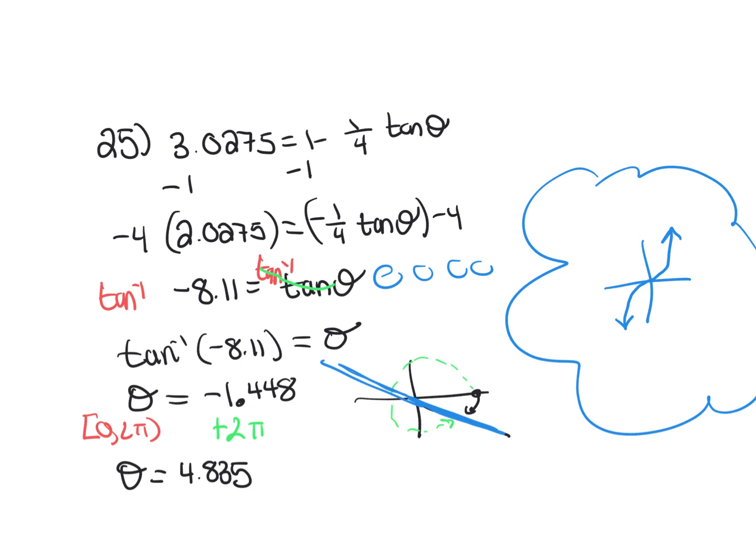So those answers are pi apart. So I want to do minus pi, because there should be one other answer. And so when I subtract a pi, it'll give me the answer in the second quadrant, which is 1.693.